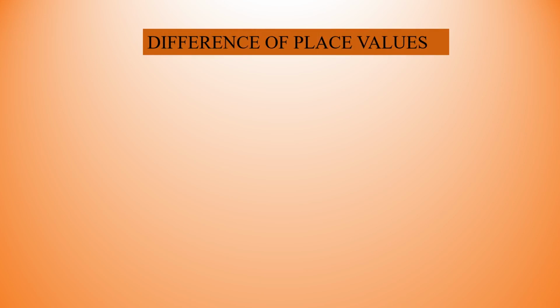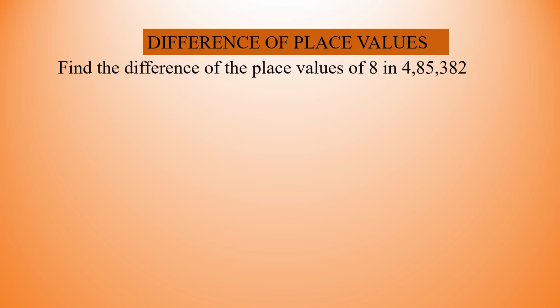Let's understand how to find out the difference of place values. The question is, find the difference of the place values of 8 in 4,85,382. First, we will write the place value chart. After that, we will arrange the number in this place value chart from right.